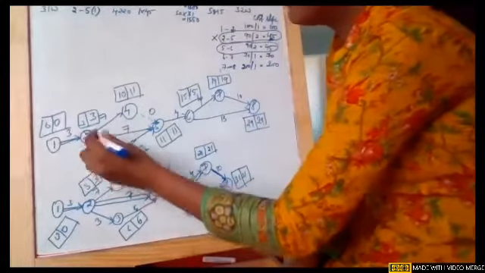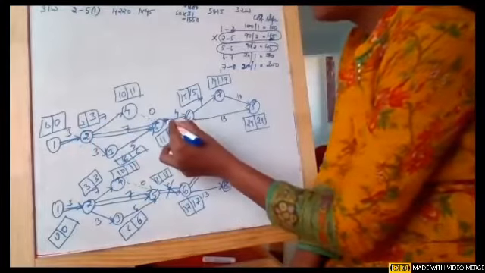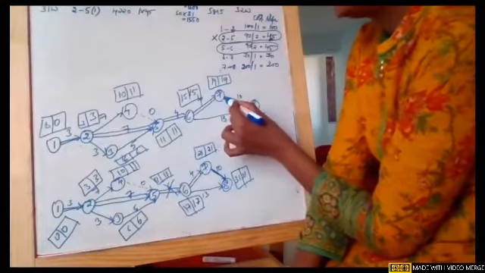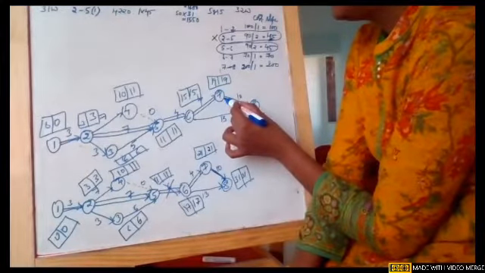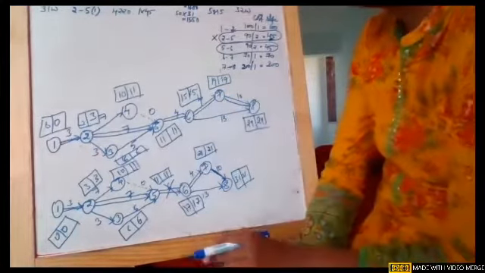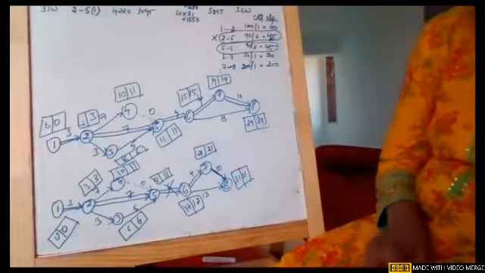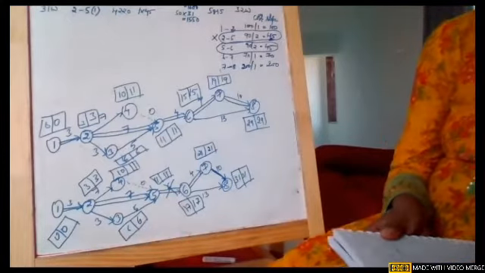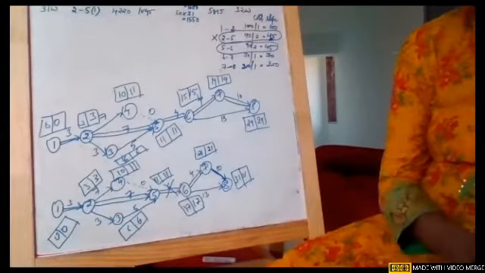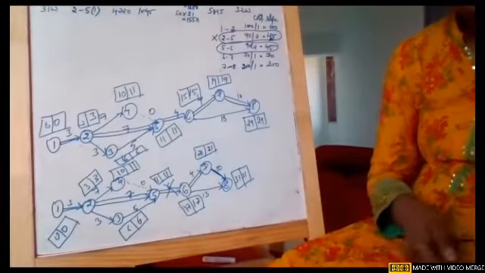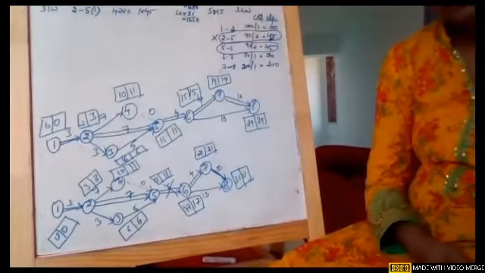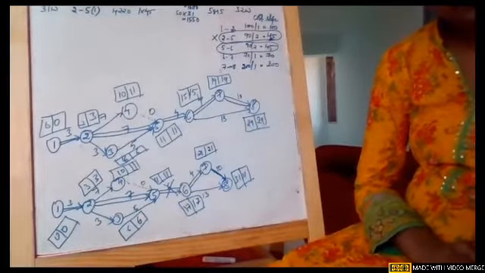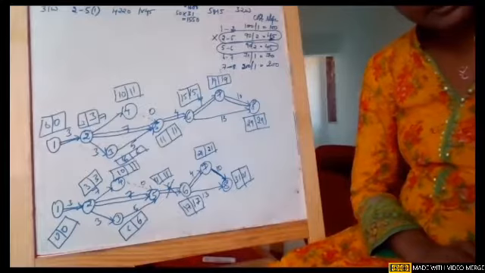Again, the critical path is same: 1 to 2, 2 to 5, 5 to 6, 6 to 7, and 7 to 8, as earlier. Give me 1 second. 5 to 6.